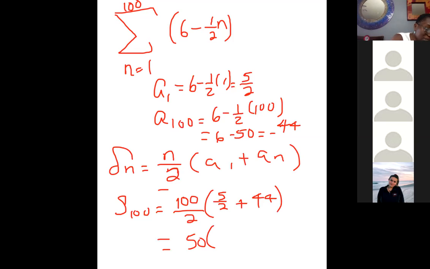How about we just do this? 5/2 is 2.5 plus 44. Just throw that into your calculator. And what's the total? Because Sarah's giving me 1, Leslie's giving me something completely different. Gabby's giving me 1260, Sarah's giving me 12. Was that the previous problem? Oh, okay, my mistake. That was the previous problem. Okay, all right.